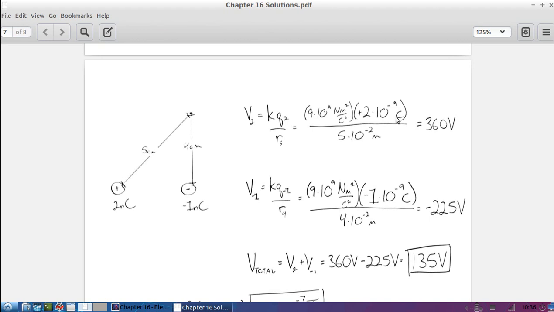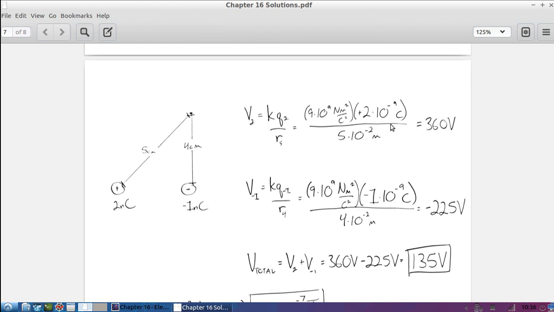Here's one thing I noticed that will make our lives easier. A lot of times it's Coulomb's constant times one charge, or times the product of two charges. Coulomb's constant is on the order of 10 to the 9, and if we're dealing with nanocoulombs, this 10 to the 9 and this 10 to the negative 9 cancel.